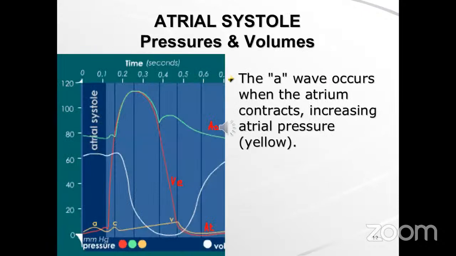Here we have written some waves. The last yellow line is the atrial pressure curve. There is a positive A wave, which is there because of the atrial contraction. The red curve is the ventricular pressure, the white line is the ventricular volume, and the green line is the aortic pressure.